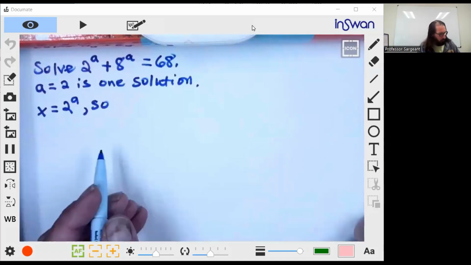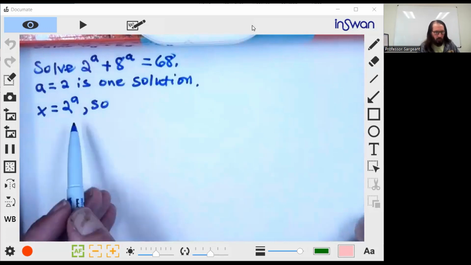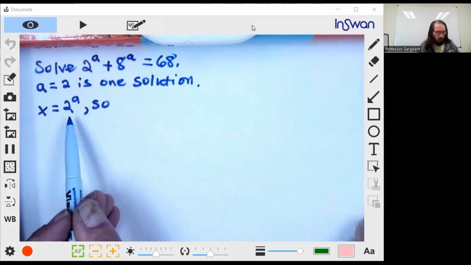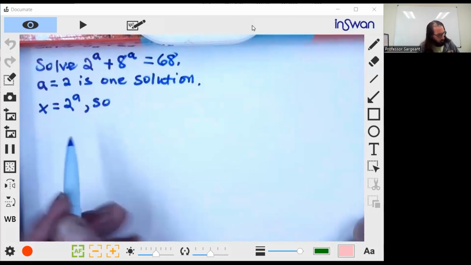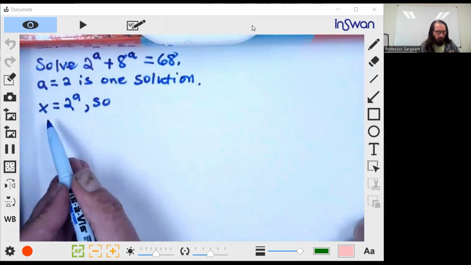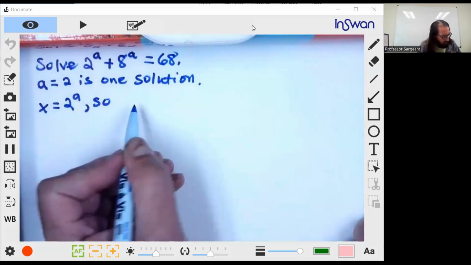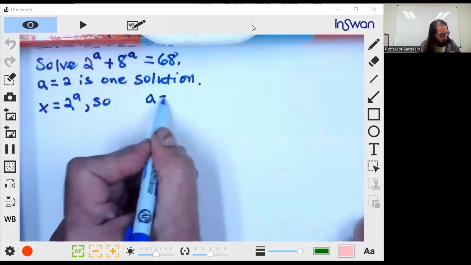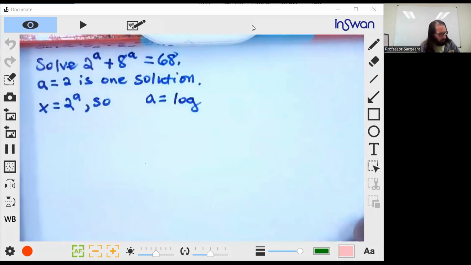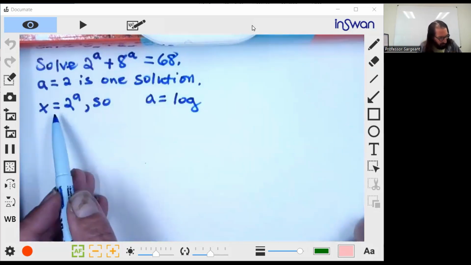Okay, so if we take the substitution that the other creator, Super Academy, had suggested we do, then if there are other solutions for a, we could rewrite this exponential equation as a logarithmic equation. The answer to a logarithm is an exponent, so a would equal the logarithm of something in some base. Our base is 2, so by a process of elimination, what we're left with is x.